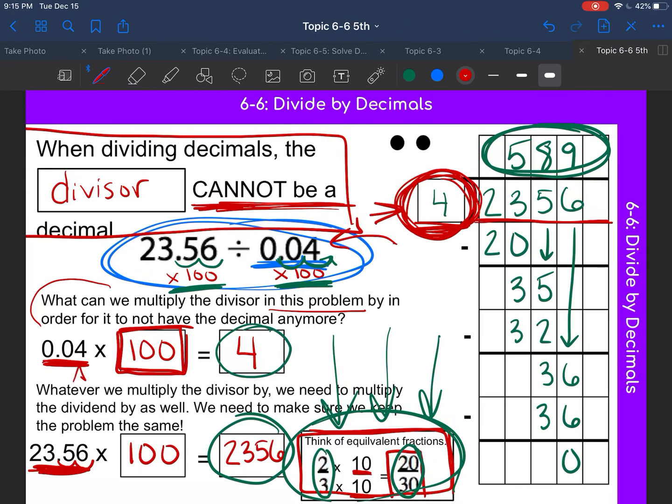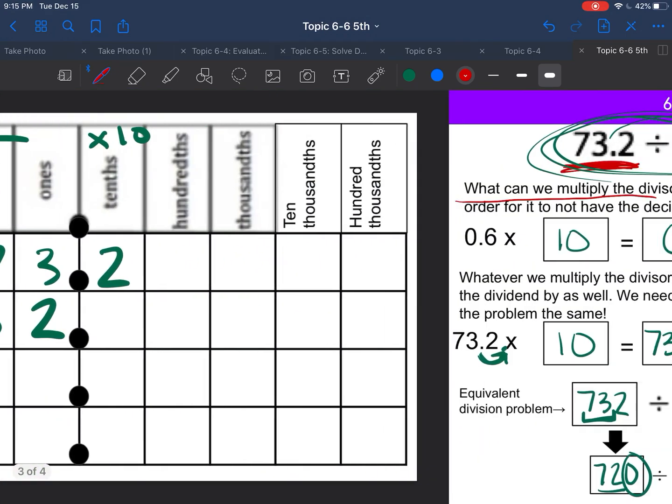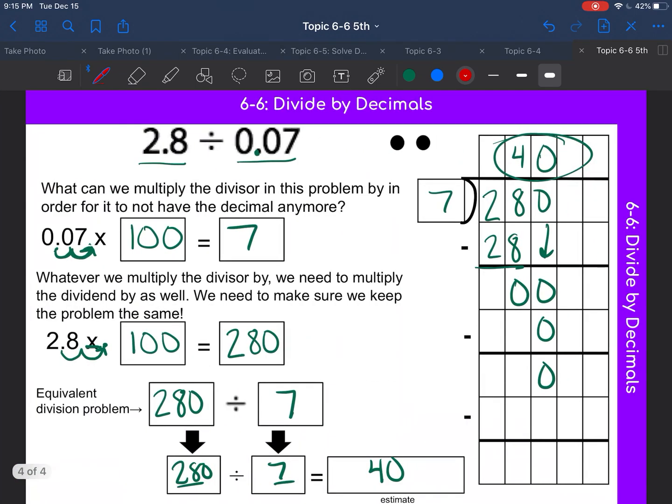And whatever you do, whether you multiply it by 100 or shift it 3 times, whatever you do to that divisor, you need to do the exact same thing to the dividend, because you're creating an equivalent problem. If you don't do the same thing, it's not an equivalent problem, and that's when your division problem gets all messed up. All right? So just make sure, if you got anything from this, whatever you do to one, you have to do to the other. If you shift one twice, you have to shift the other twice. If you shift it 5 times, you have to shift the other one 5 times. It has to be the exact same.